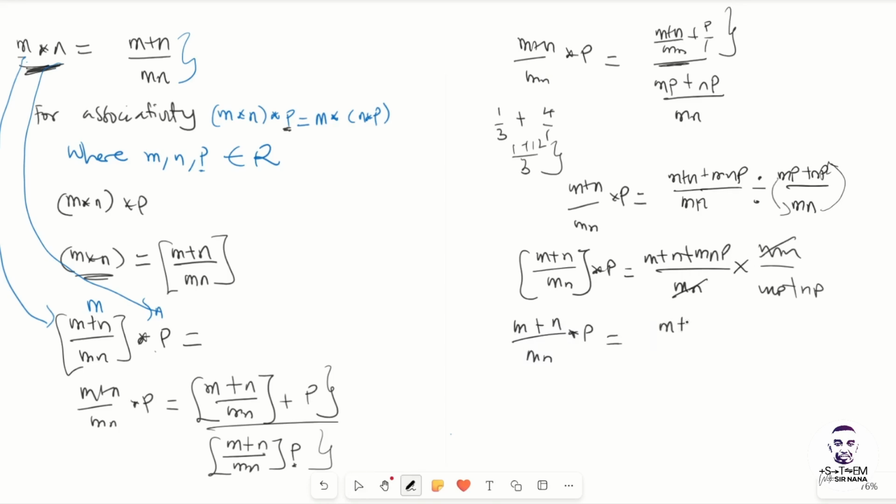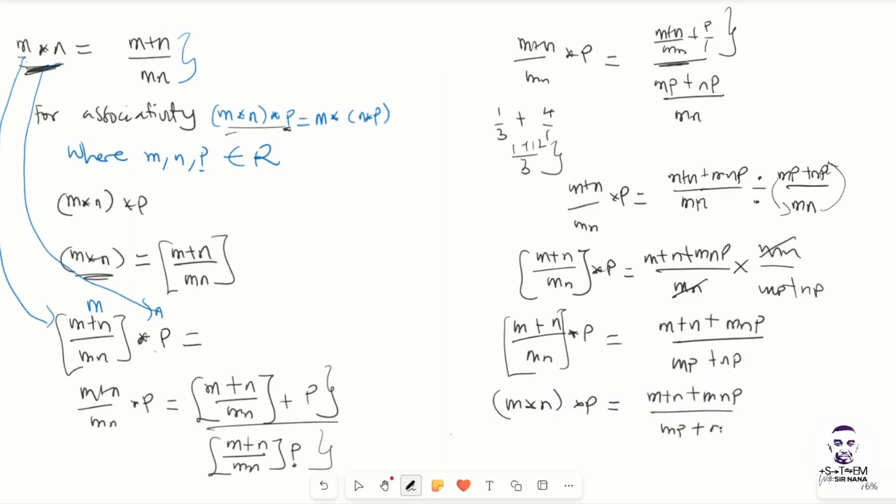So you have m plus n plus mnp all over mp plus np. So we can replace this with what we have here. So our operation m, operation n, all operation p will be equal to m plus n plus mnp all over mp plus np. And we'll call this equation 1.